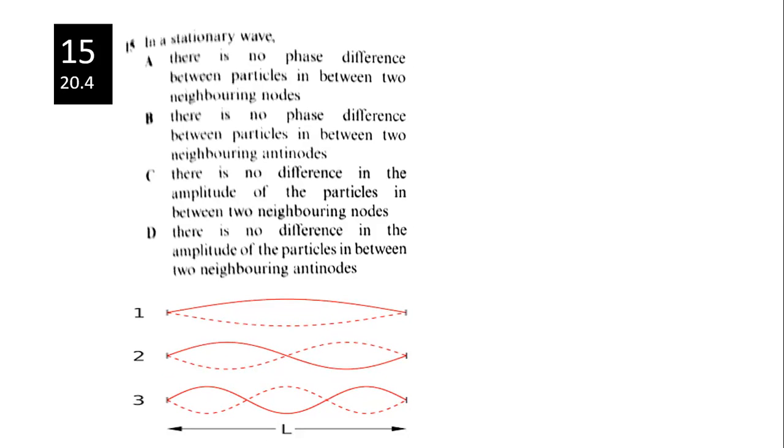In a stationary wave, okay, what's the right answer? There is no phase difference between particles in between neighboring nodes. There is no phase difference between particles between two neighboring antinodes.